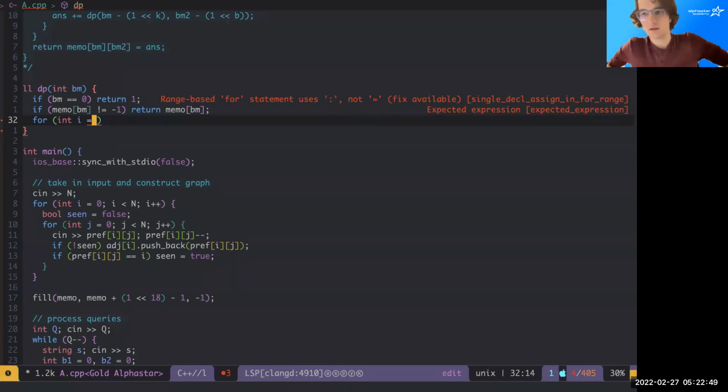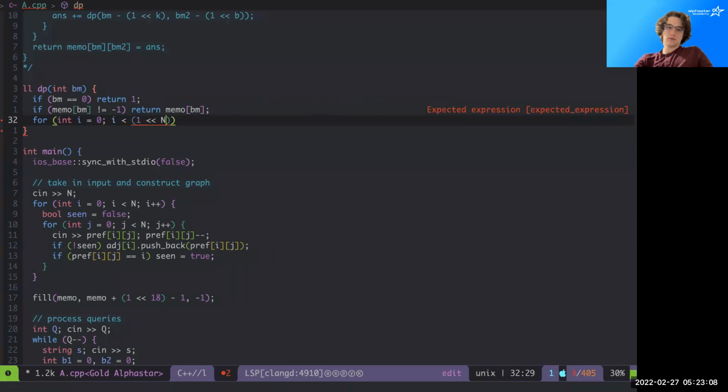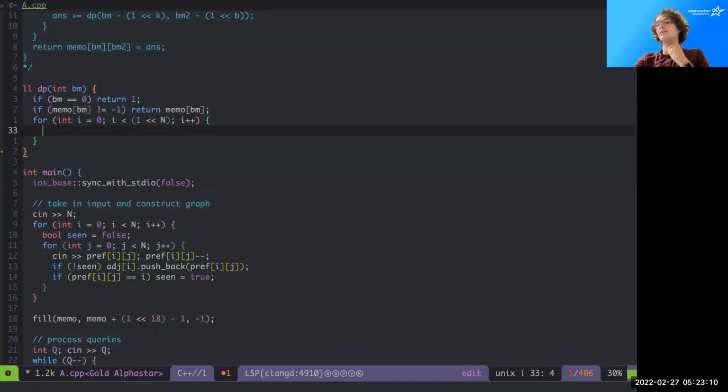I don't like looping over all. It's not even that easy to loop over all the subsets of a given mask. It's not that easy, but let's just do it super naive and we'll see. If I switch all those bits off, that is equal to BM minus I, then this is the valid one.